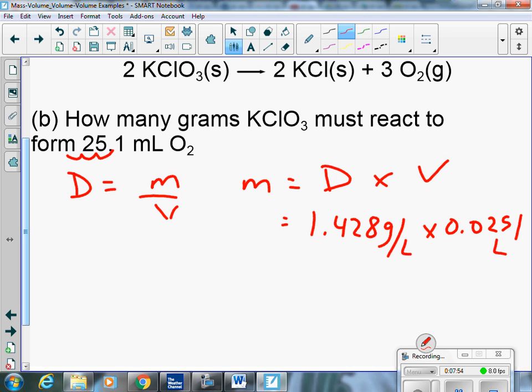As I do so, I come up with a value of my mass is 0.0358 grams, and that's of oxygen, right?